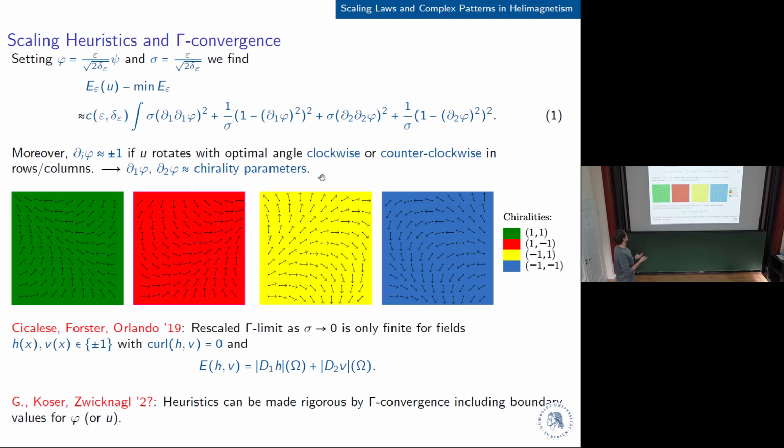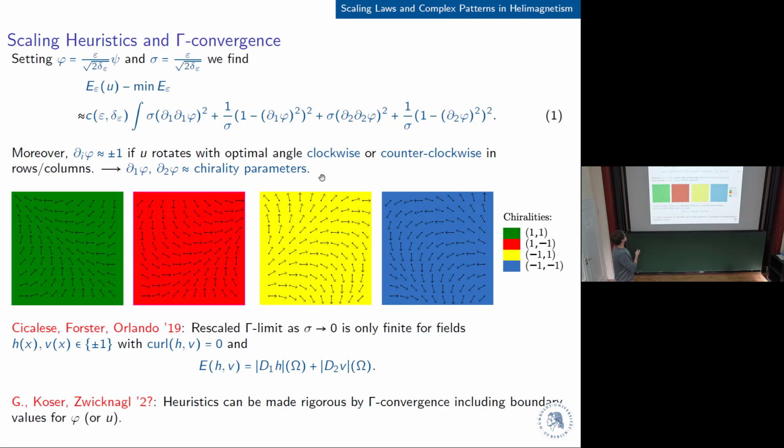So the first thing that we did with Melanie, which is written but not for the public eye yet, is that these heuristics you can make rigorous in terms of gamma convergence, including boundary values for phi or vice versa, the spin field.